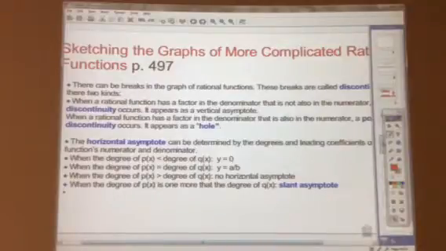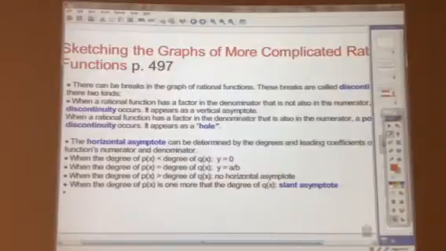Okay, there can be breaks in the graph of rational functions. These breaks are called discontinuities, and there are 2 kinds. When a rational function has a factor in the denominator that is not also in the numerator, then a discontinuity occurs.